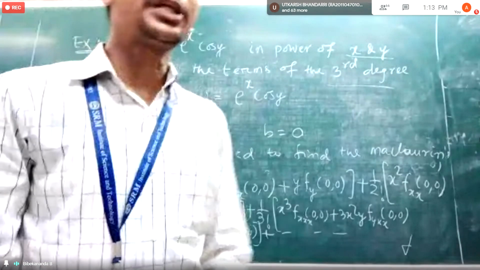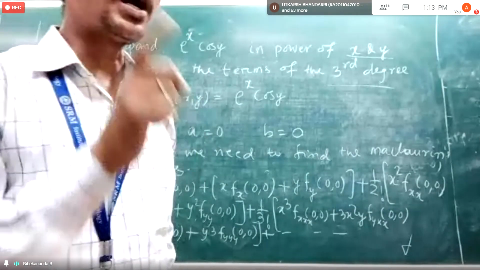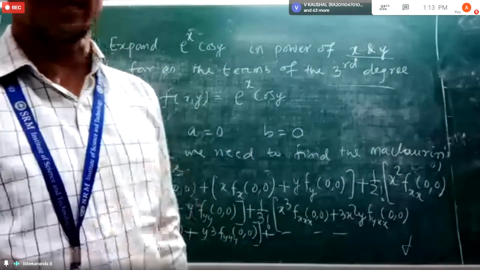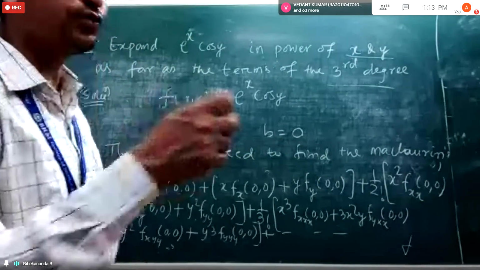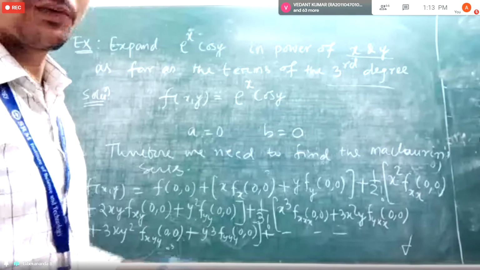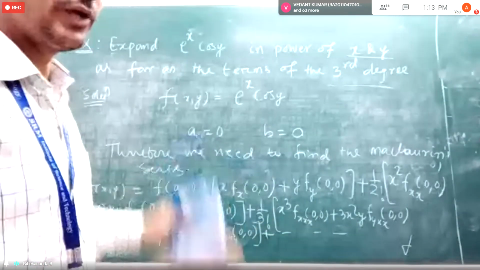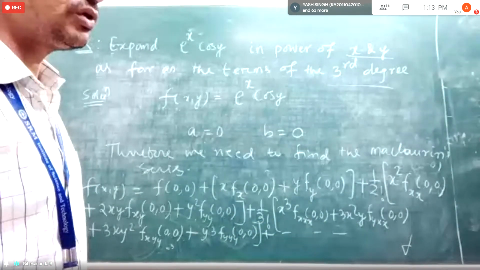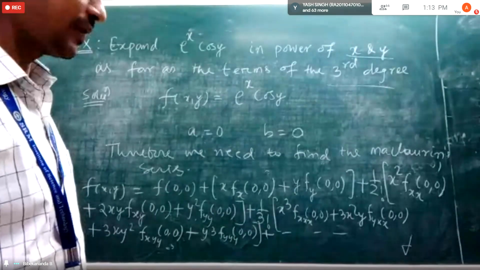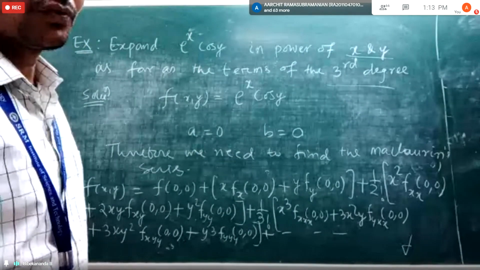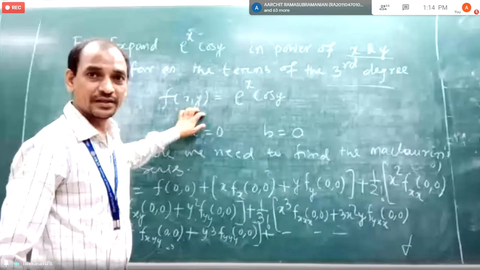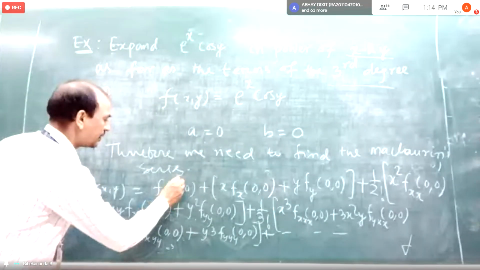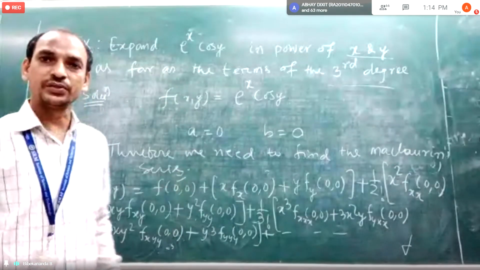Now you see this formula and you have to evaluate what are the things needed. Now tell me what are the things unknown here, what are the things you need to find out. If you know that one, your thing will be over. You have f of x y, isn't it? So you need to find f of 0, 0 first.